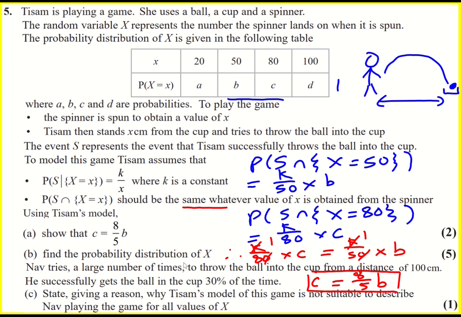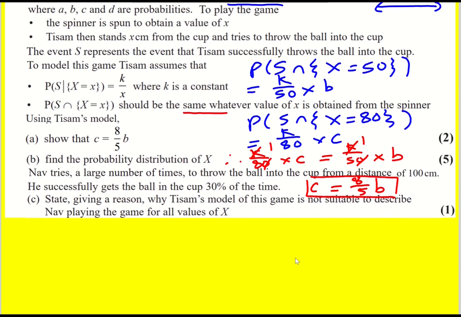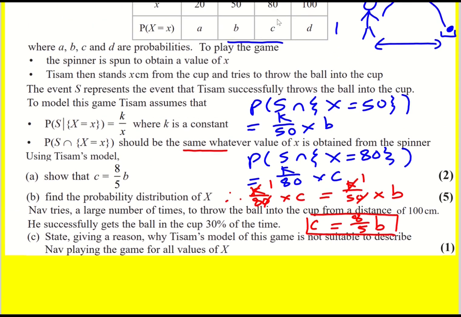Then we're asked to find the probability distribution of x. So I've got c in terms of b. What if I got a and d in terms of b as well? Then we could add them all up, set it equal to 1 and work out b. So the probability of s and x equaling 100, let's do that one next, is going to be k over 100 times d.